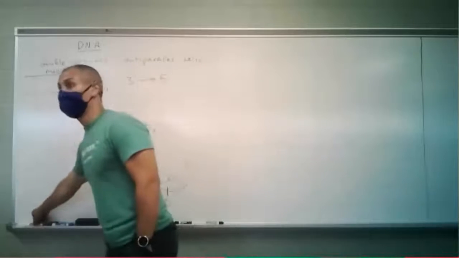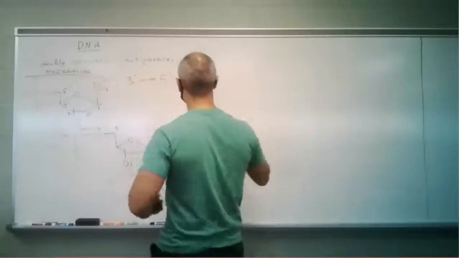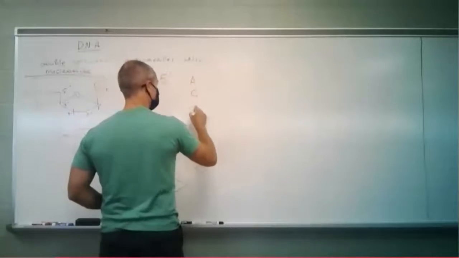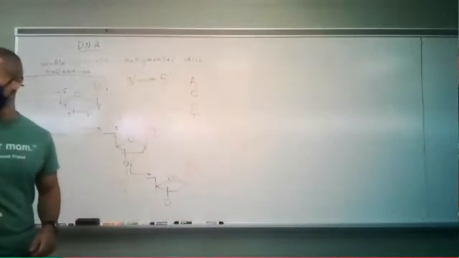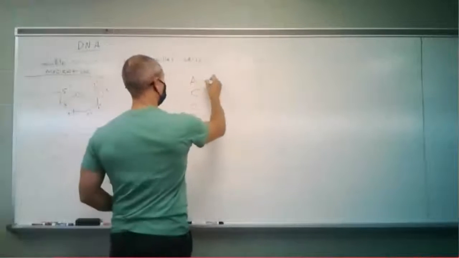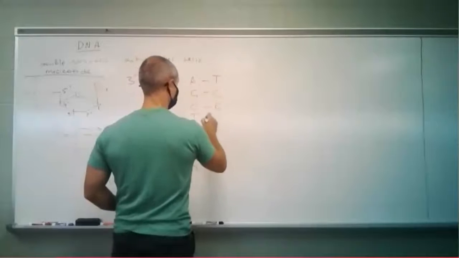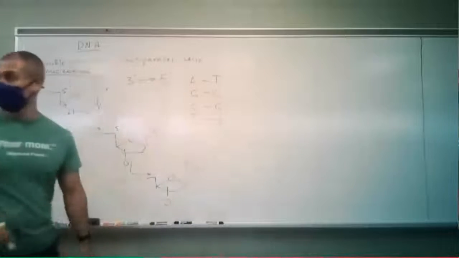So there are 4 bases, A, G, C, and T. Okay? And they pair like this. Okay?